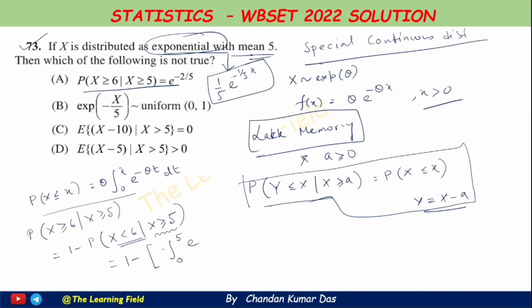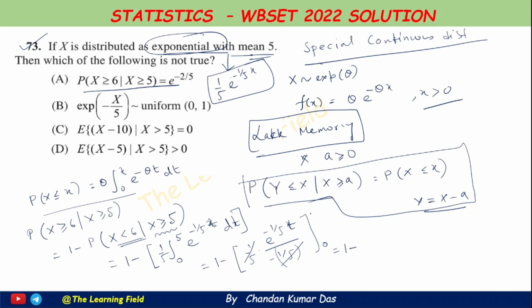So the integration of 1 by 5 exponential minus 1 by 5 t dt, with another variable. This is equal to 1 minus 1 by 5 into e to the power minus 1 by 5 t divided by minus 1 by 5, so this cancels.